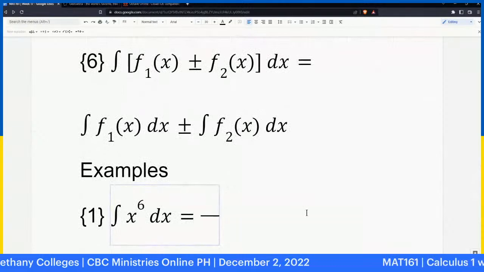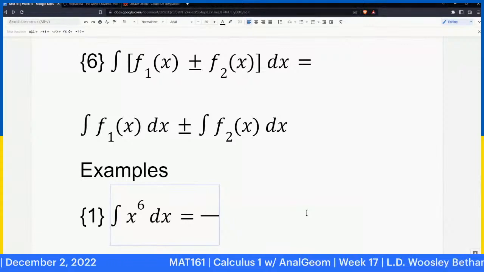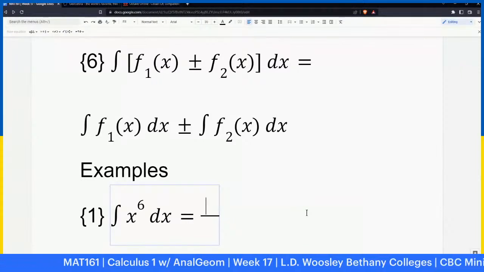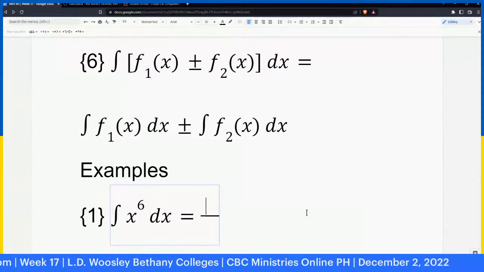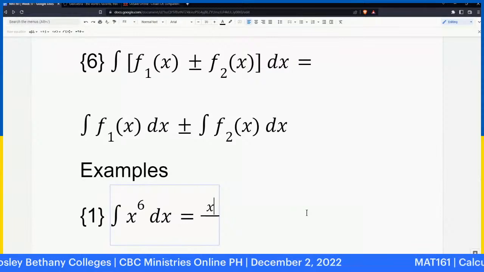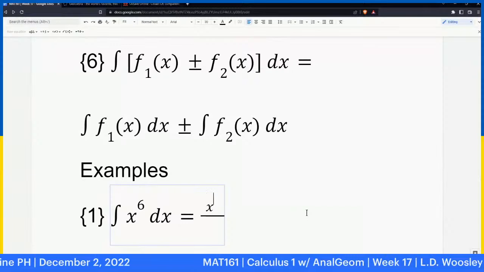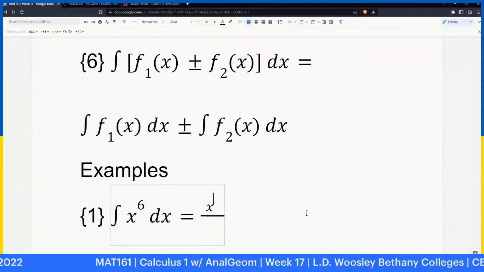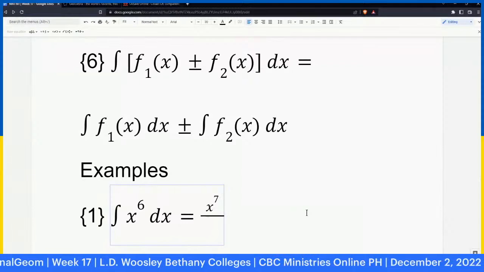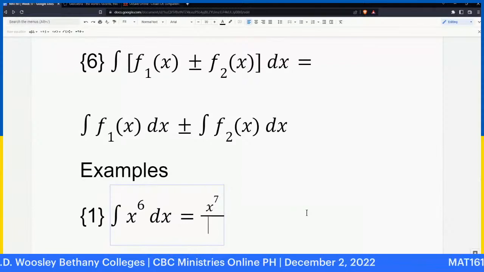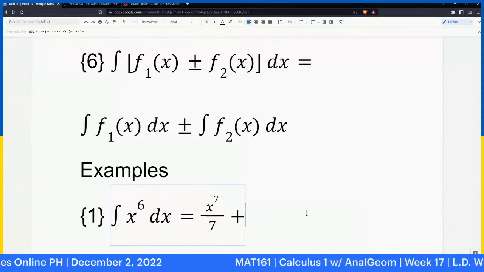Integral of x raised to 6. x to 6 plus 1, simplify, over 7. x to the 7 over 7 plus c. All right, so good.